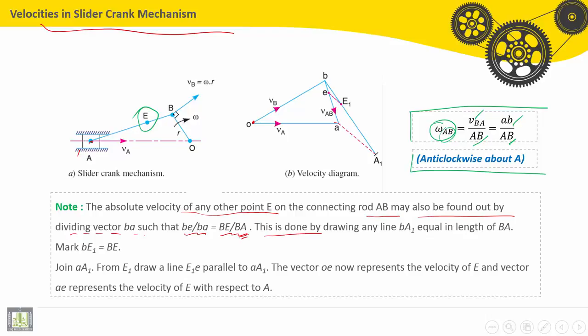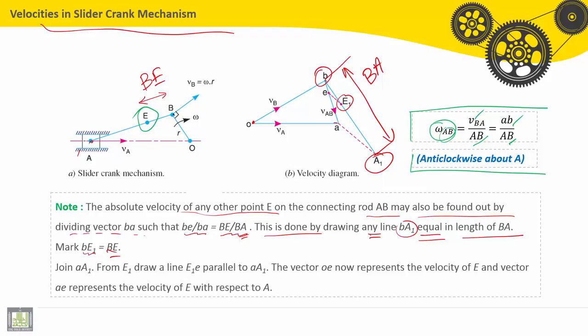This is done by drawing any line BA1, whose orientation can be anything, with length equal to the length of BA. Then mark BE1 equal to the distance BE.